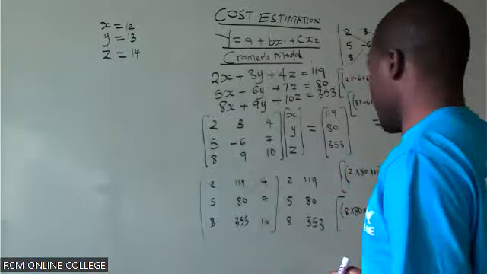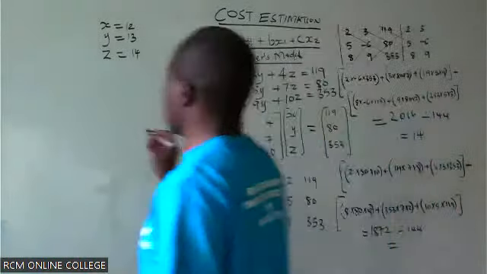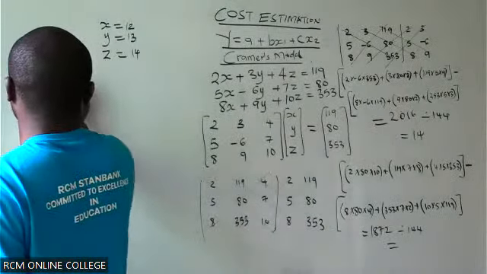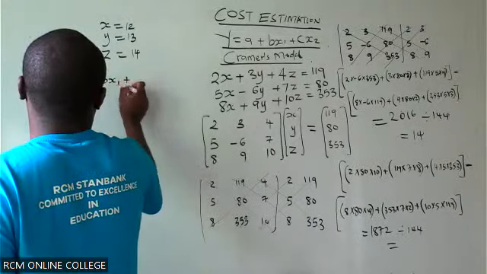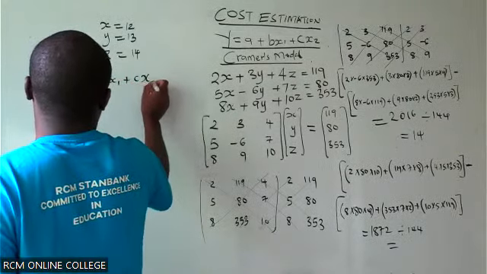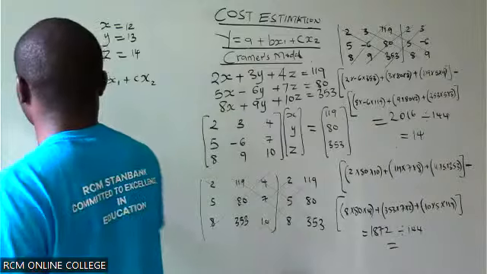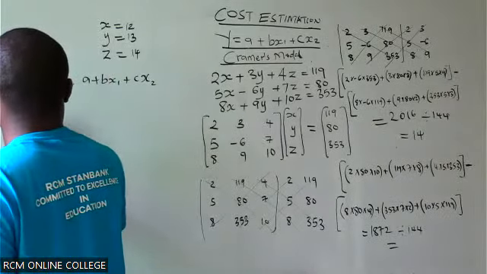Having gotten 14, go ahead and give us the cost function in the form of Y equal to A plus BX1 plus CX2. So give us that in the form of Y equal to that.